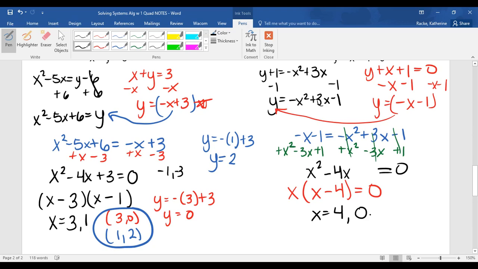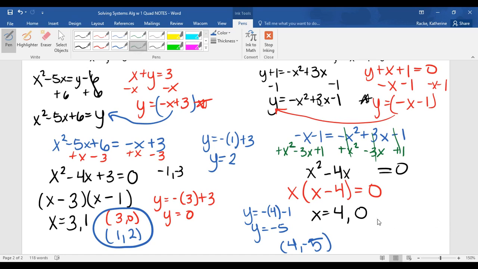So now I need to plug both of these values into one of the equations. I'm just going to use this one right here. So y equals negative, and plugging in the 4, minus 1, so -4 minus 1 will give me a -5. So my first point is (4, -5).